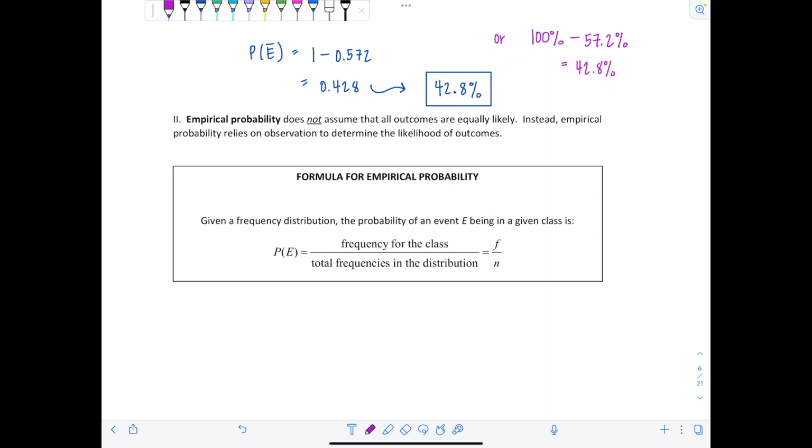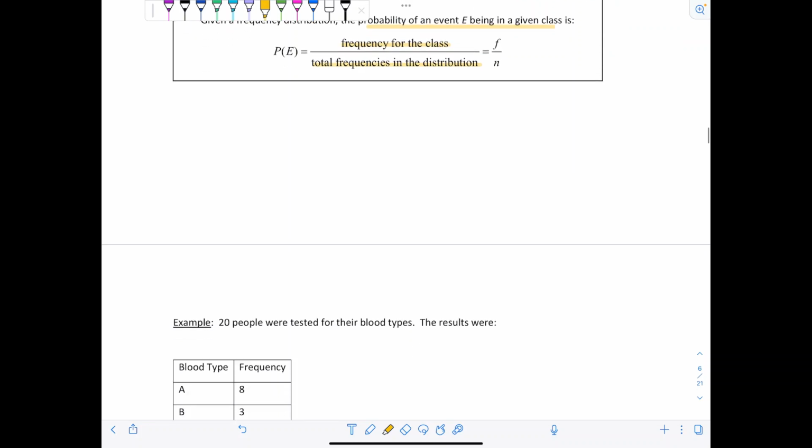And so you have a frequency distribution, and the probability of an event E belonging to a certain group is as follows: the frequency for the class divided by the total frequencies in the distribution. So same method to compute. It's just you're going to rely on observations or data that's collected instead of just sitting there and theorizing about what's possible. You'll see what I mean in just a second, okay?